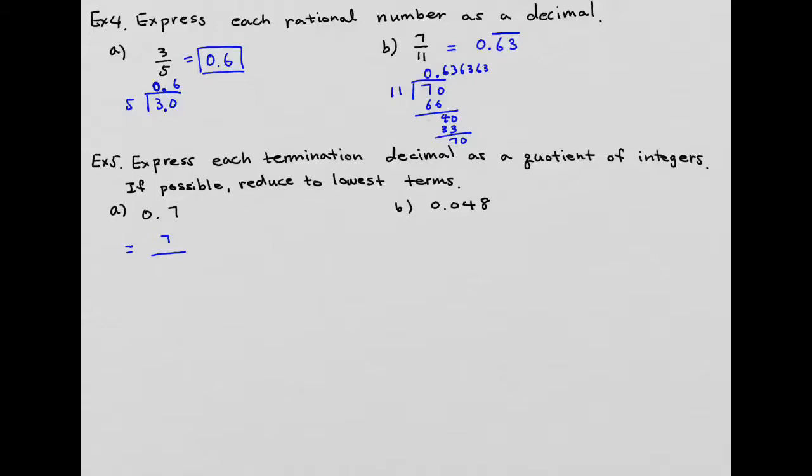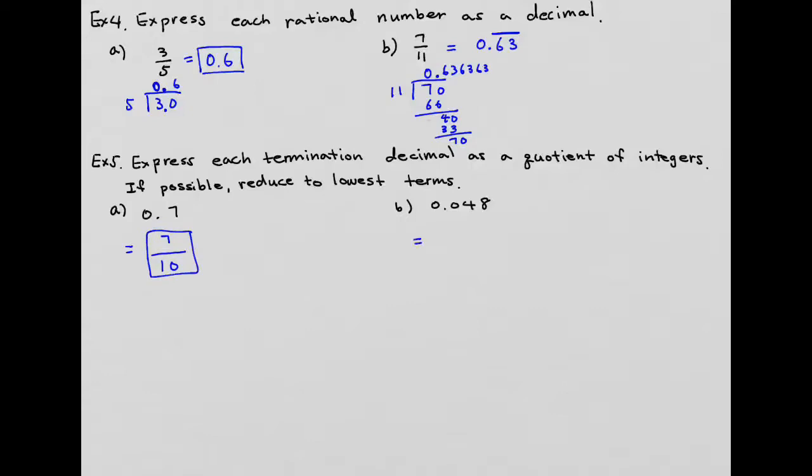So this one, after the point, I have one decimal place. It means I'm going to have one 0 in the denominator. That will make it 10. And you can reduce if it's reducible. But this one cannot. So 0.7 is equal to 7 over 10.